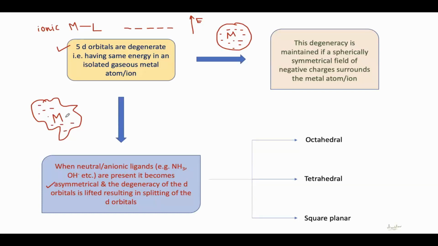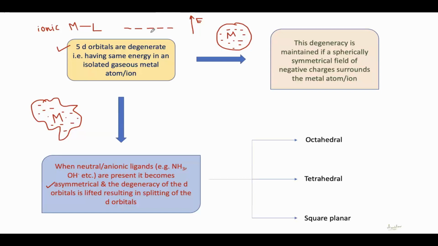Now this spherically symmetrical field has become distorted. When this distortion comes in the electron cloud surrounding the metal atom, the degeneracy is no longer present. That is called the lifting of the degeneracy, and the result is the splitting of the d orbitals. In presence of the ligands, the field becomes asymmetrical and the d orbitals get split.